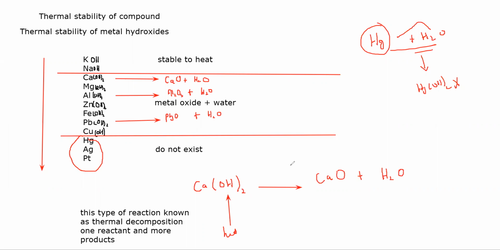I have to balance this equation. To balance this equation, we always start with oxygen, followed by hydrogen, and then the other elements. So first we check oxygen. How many oxygen are there on the left hand side?